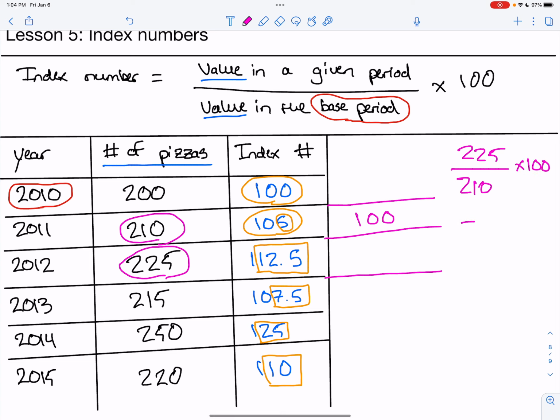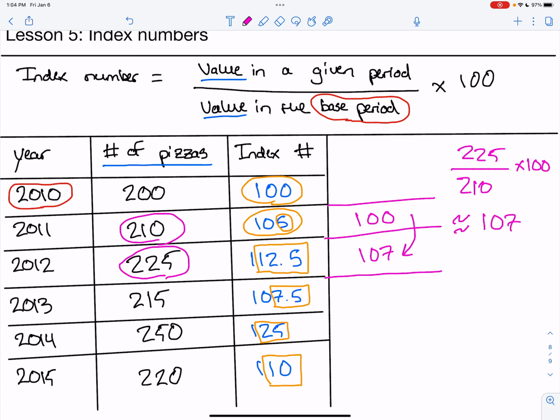Times 100, which is equal to approximately 107, right? Now we can conclude the percentage increase is actually 7%.